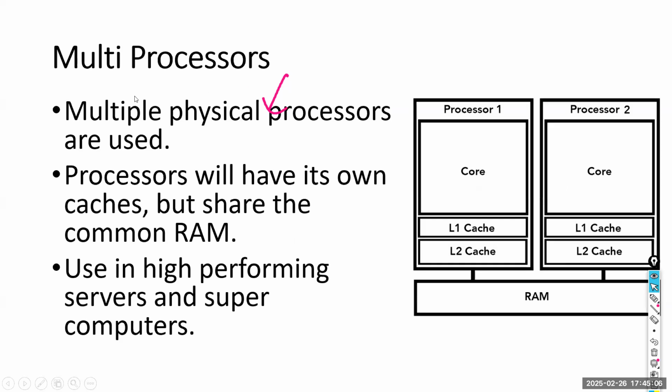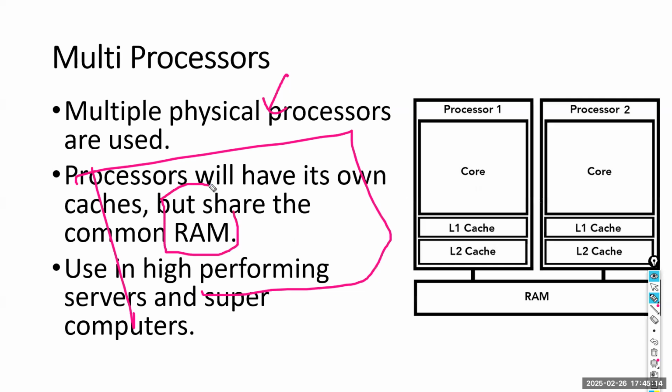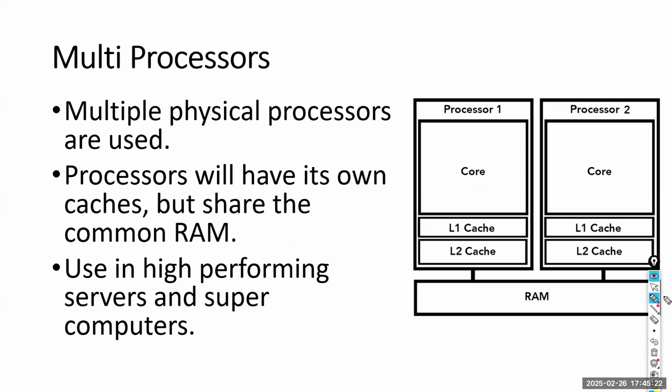So as I explained, multi-processor means you have physically more than one processor. That means in the motherboard there are two processor slots, and you fix two processors. Usually that is used when you run very high-end servers. Each processor has its own L1 and L2 cache, but a common L3 cache.